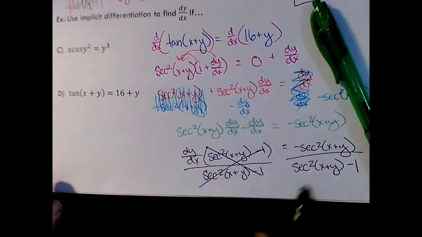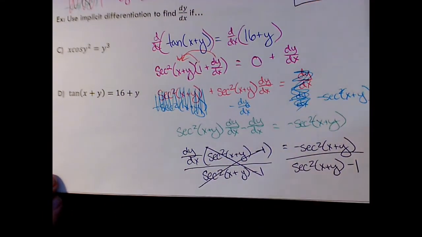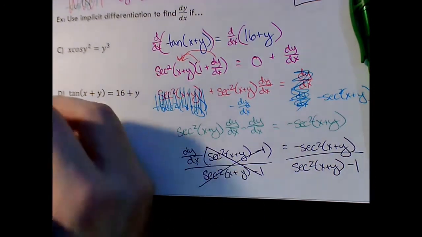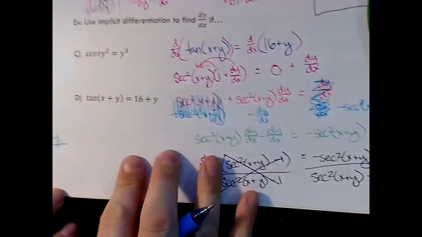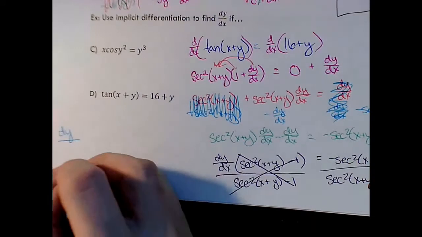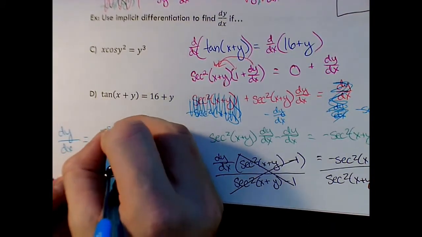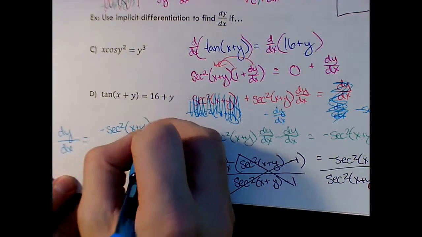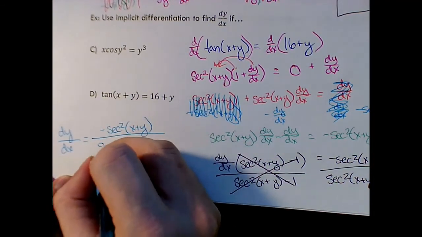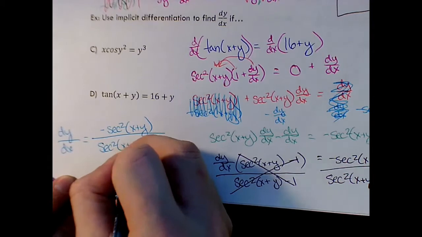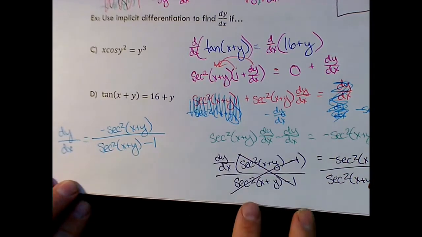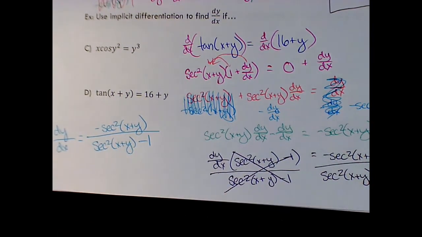And my final answer, which I'm going to put on the left, is dy dx equals that. So dy dx equals negative secant squared of x plus y over secant squared of x plus y minus 1. Woo!